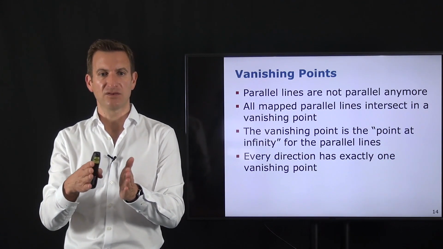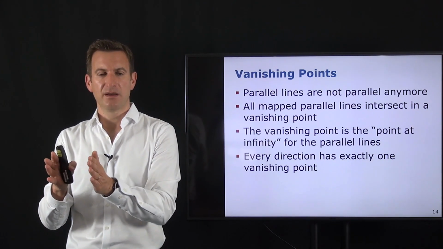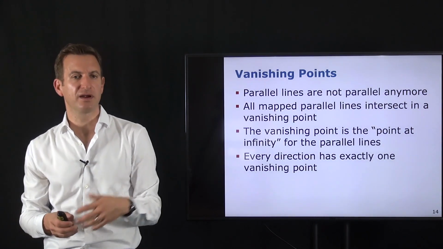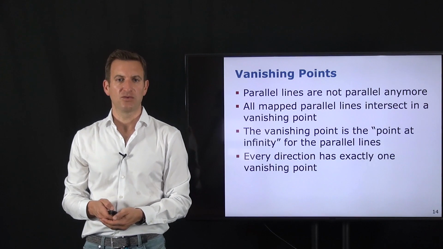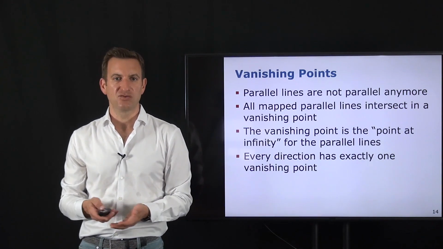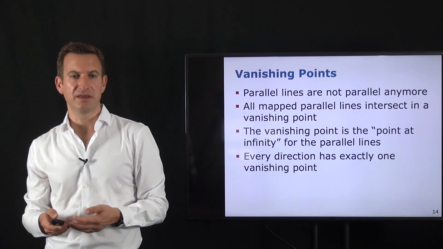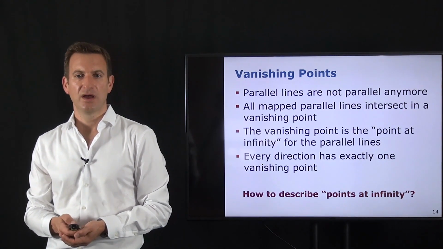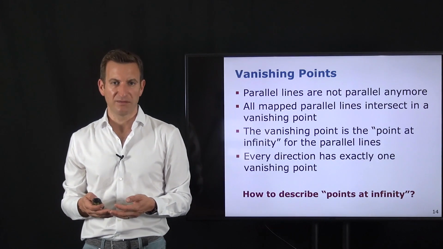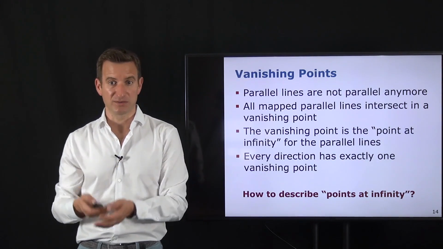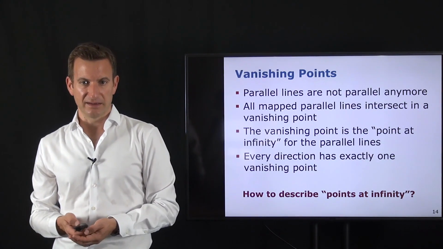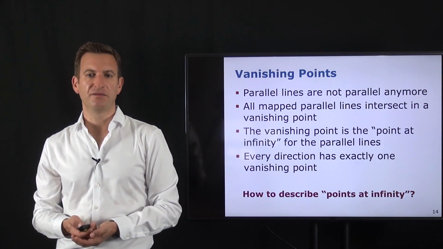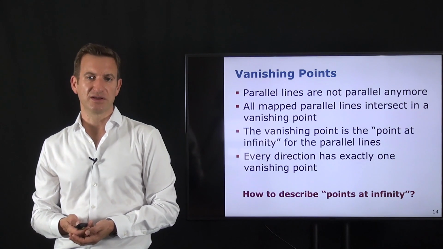So if we move the train tracks, or we move our camera point of view so that they are at a different location with respect to my camera, they will generate a different vanishing point in the image, but every set of parallel lines has the same vanishing point. And so one of the questions that we have here: how can we describe these points which are infinitely far away in an elegant fashion? And it turns out that homogeneous coordinates are a very good tool for actually realizing this.